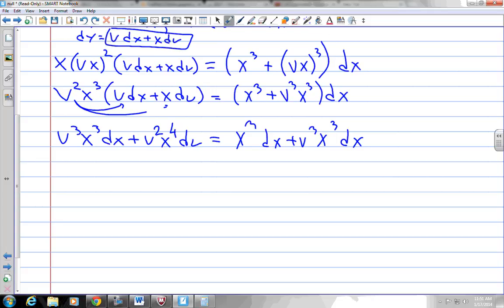Yeah, this whole thing goes away, right? That goes away. So you can actually now separate the variables. If you divide both sides by x to the power 4, you'll get v squared dv equals dx over x.